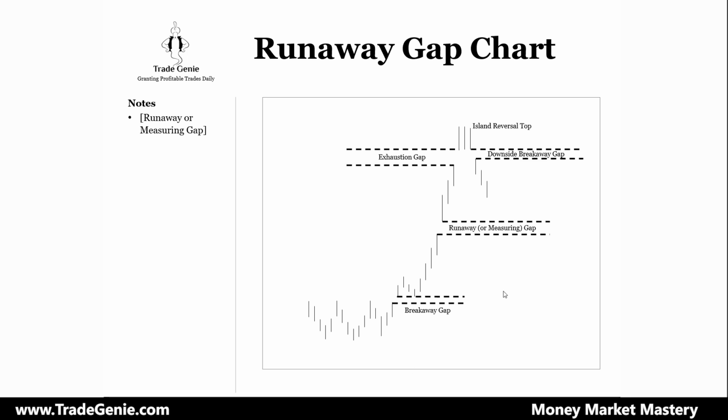So this may be a 52-week high, a new high. When that happens, then you measure this distance from where the gap occurred to where the gap started.